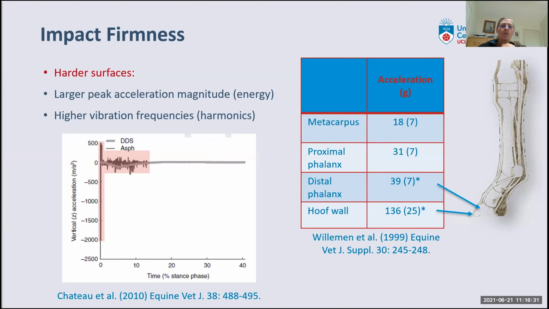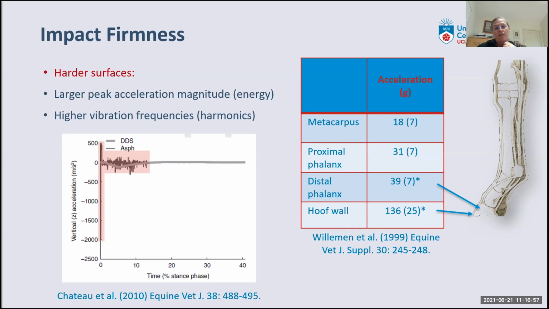And you can see it's very spiky here. So that means we've got a high vibration frequency there in terms of the harmonics of vibration, compared to deep, dry sand, where we've literally just got a very shallow dip, which is suggesting that there's very little vibration at all.